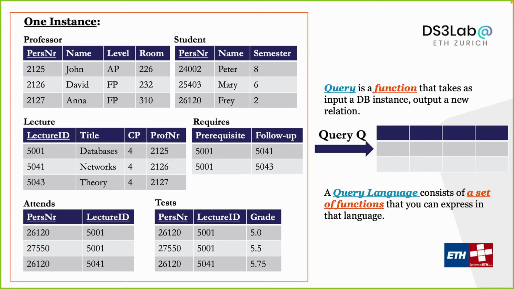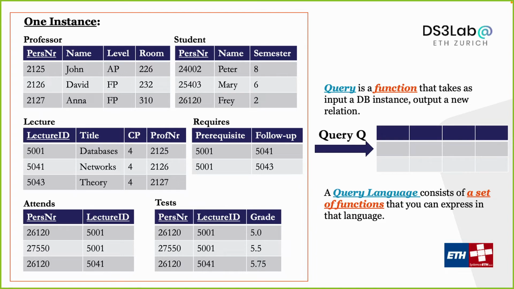We were talking about what a query language is. A query is something that takes as input a database instance and outputs a table. And a query language is the machine-understandable language that you use to express a query.